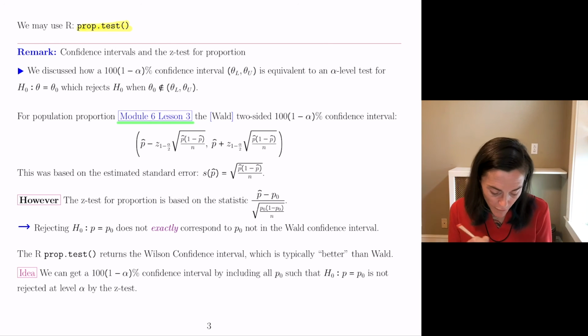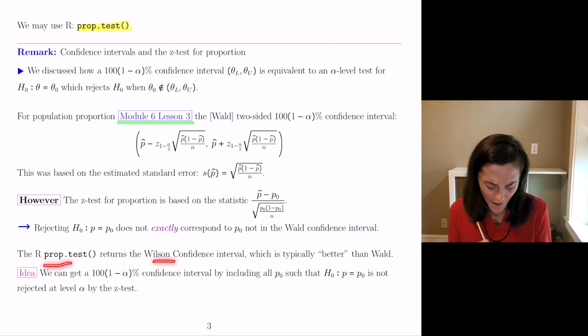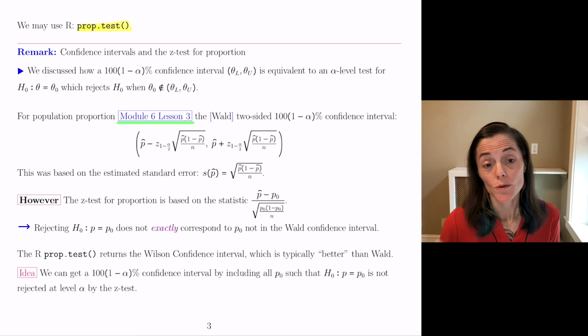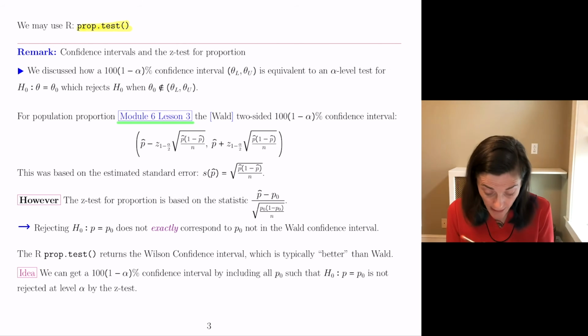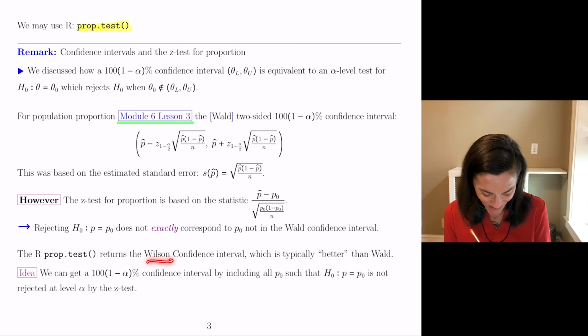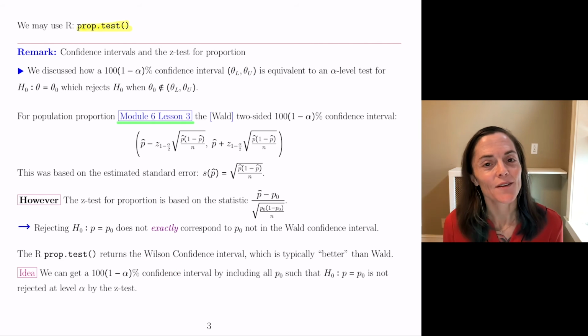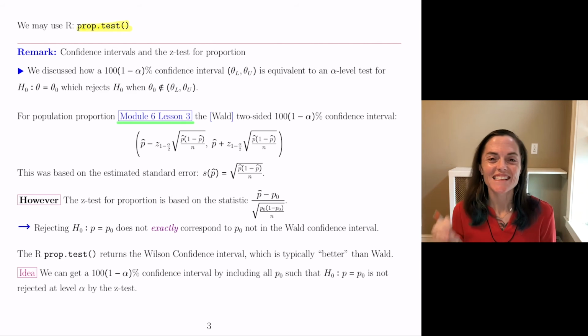So it's really a remark. There are multiple confidence intervals in general you could use for proportion in statistics. These are two of them, Wald and Wilson, and prop.test will give you the Wilson confidence interval.